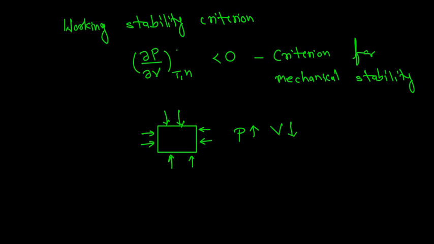Therefore, this gradient del P by del V at constant T and N must be negative. And this is a very important criterion, and we will develop the entire VLE phase diagram on the basis of this criterion. So let's see how we can use this criterion for developing the phase diagram.